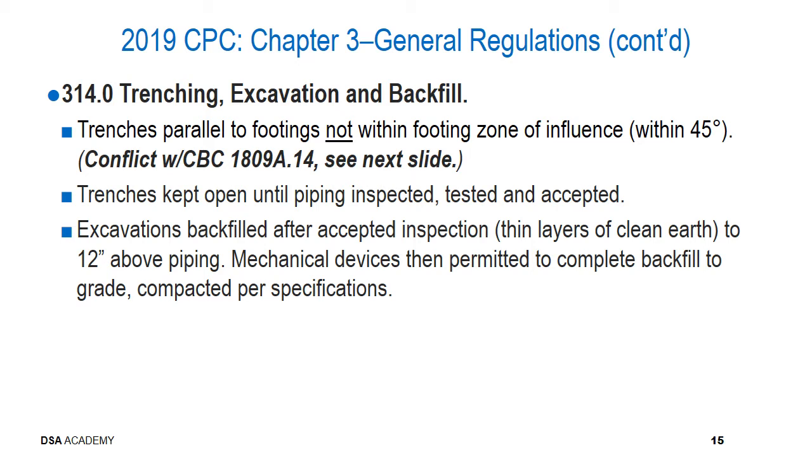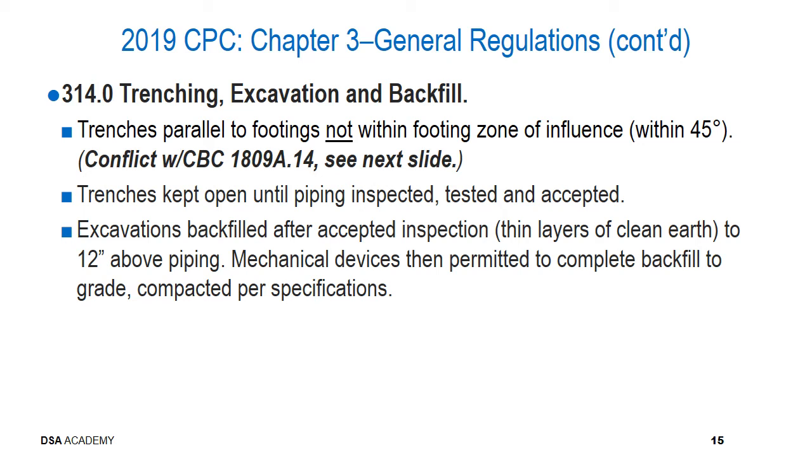The CPC basically says that trenches parallel to footings should not be within the zone of influence, okay? And they go on to describe that that means within 45 degrees of the bottom of the outside corner of the footing. And it's important to note that this is in direct conflict with the California Building Code, section 1809A.14, and we're going to discuss those differences on the next slide.